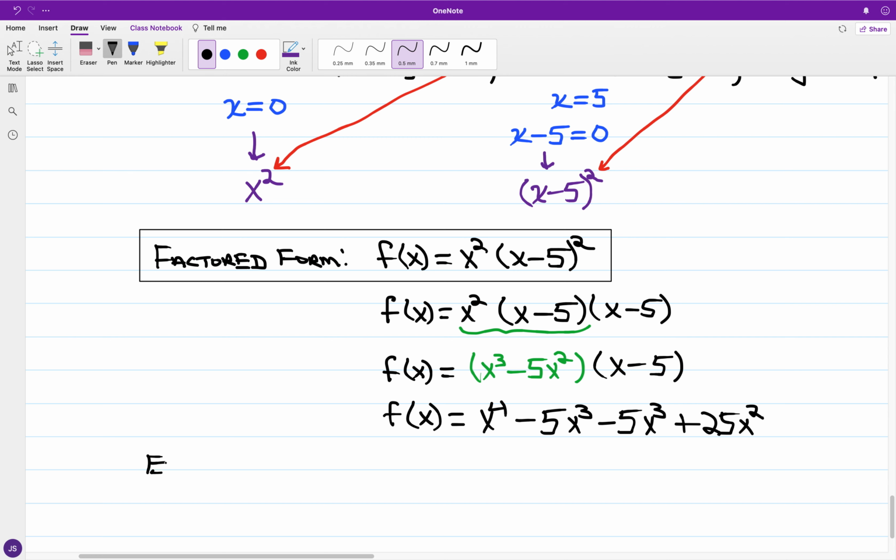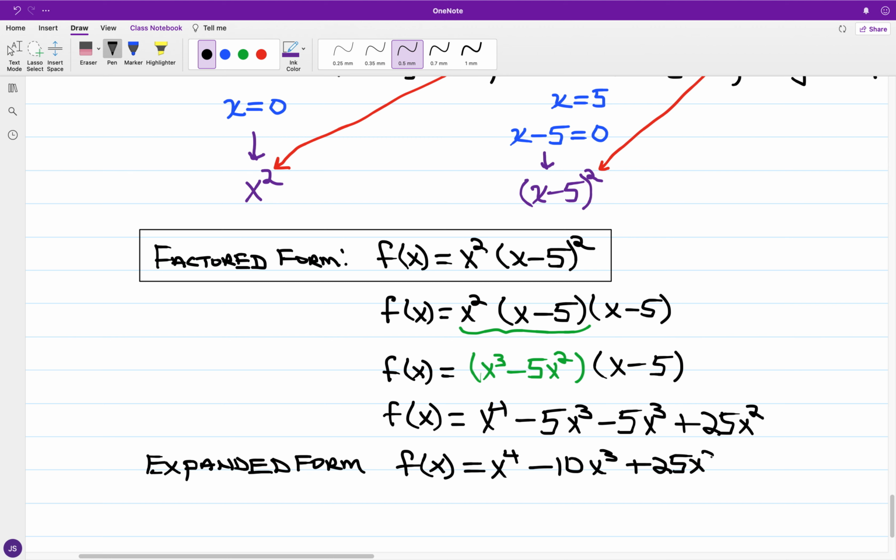So using what we have as the basis from the factored form, f of x in the expanded form is x to the fourth minus 10x cubed plus 25x squared.